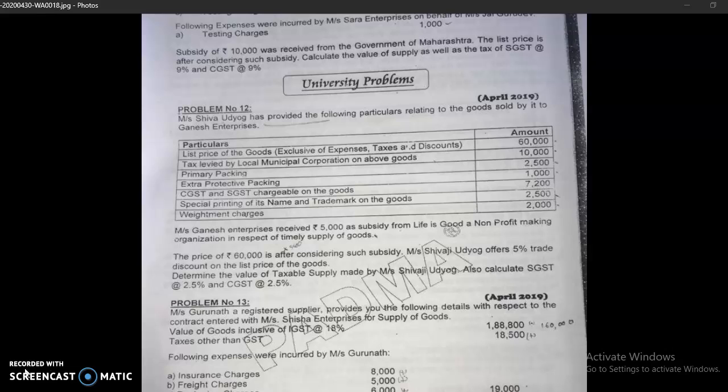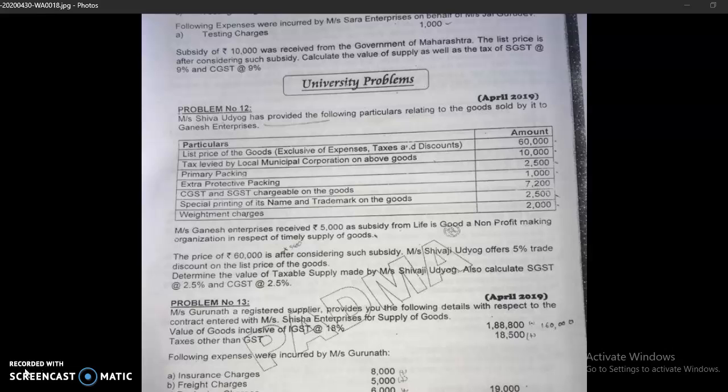Then the second one: any taxes other than CGST, SGST, IGST, UTGST and GST cess. So leaving aside these taxes, if any other taxes have been paid, then the value of those taxes is also added into the value of supply.